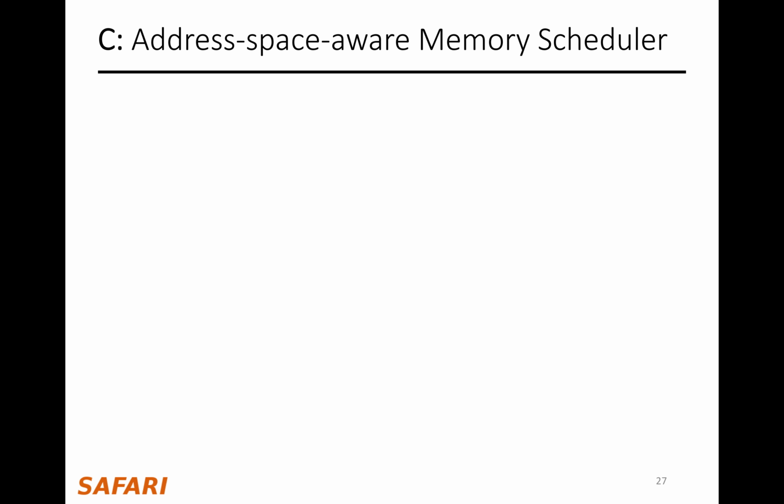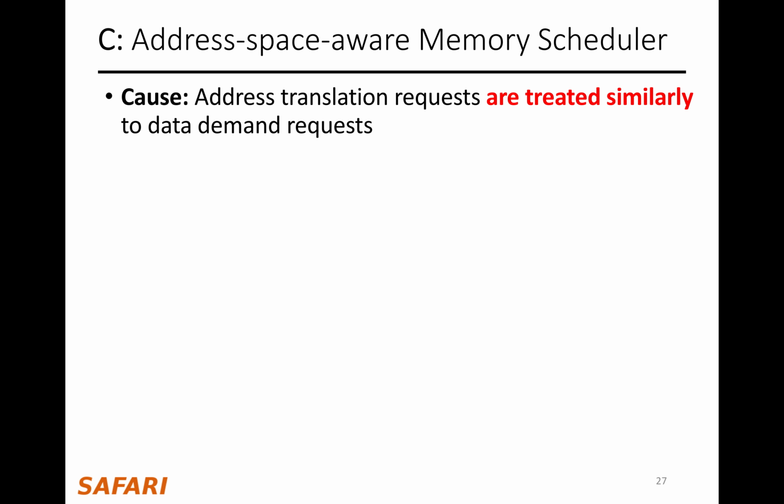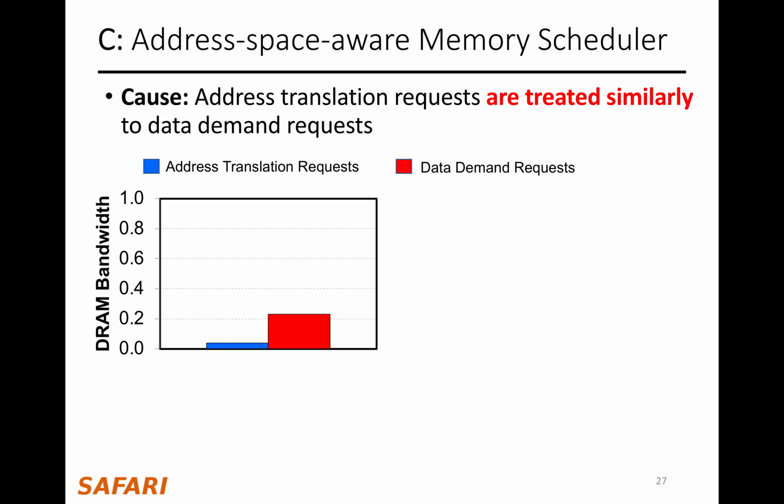The major problem we found at the main memory is that address translation requests are treated similarly to data demand requests, even though if you look at the bandwidth consumption of address translation requests versus data demand requests, shown on this plot on the y-axis, I show the DRAM bandwidth consumption of address translation requests in the blue bar as opposed to data demand requests in the red bar.